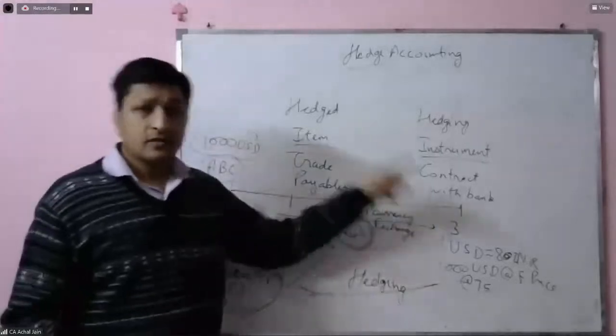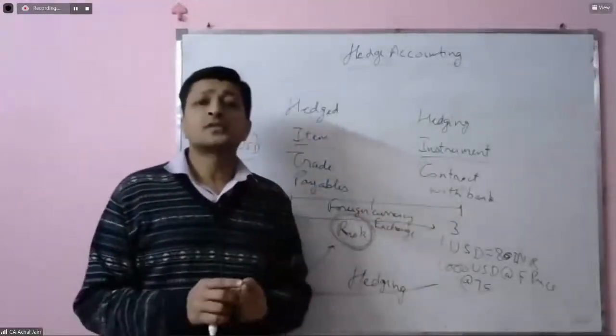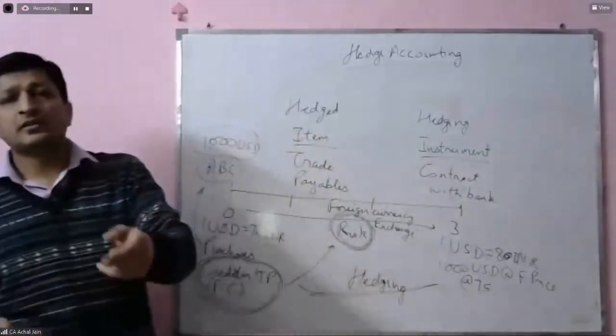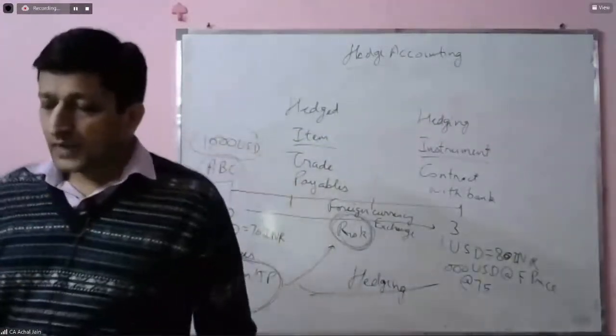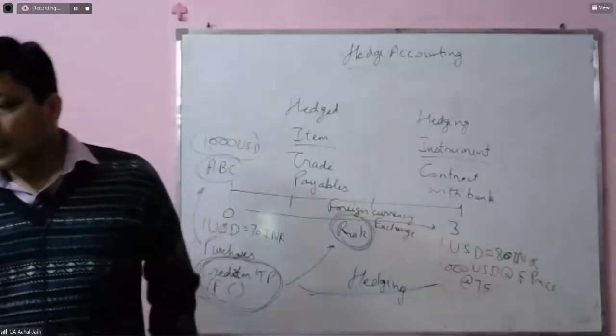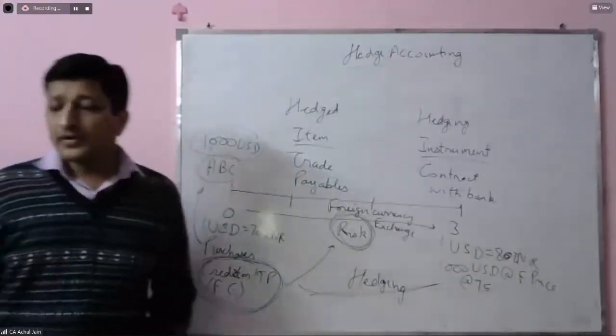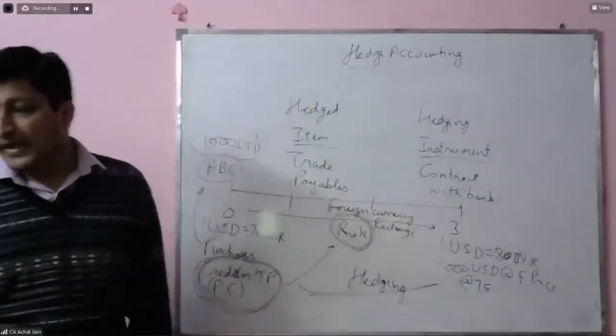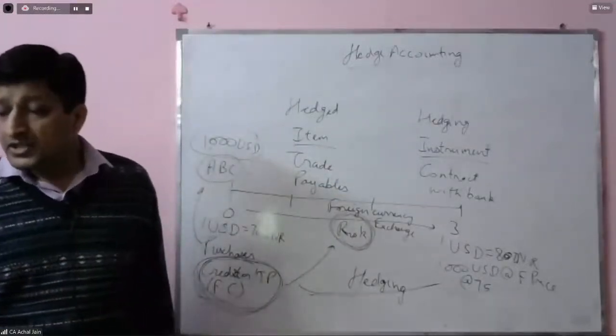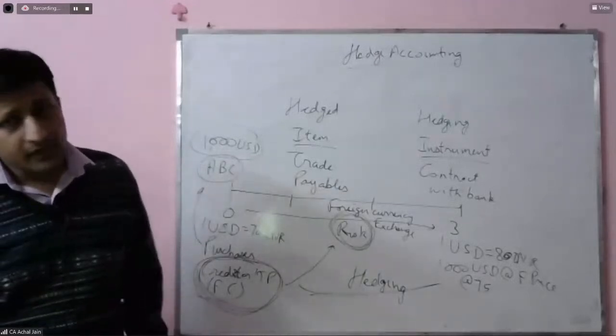Through this contract. So this contract becomes the instrument of hedging, or you can say hedging instrument. Clear? Preeti is saying that the USD forward rate is the hedging instrument. Yeah, that's correct. So it's the contract with the bank which is the hedging instrument.